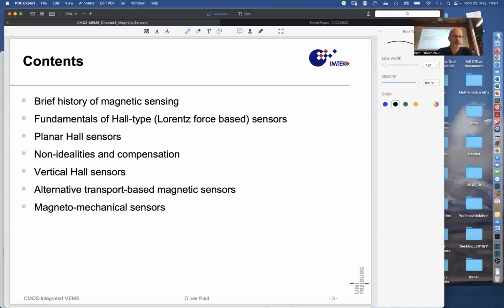Then we'll study some types of planar Hall sensors, some more general conclusions, non-idealities and compensation, and then vertical Hall sensors, which we have been developing strongly with Mekonas, and then some alternative devices that you will also see.